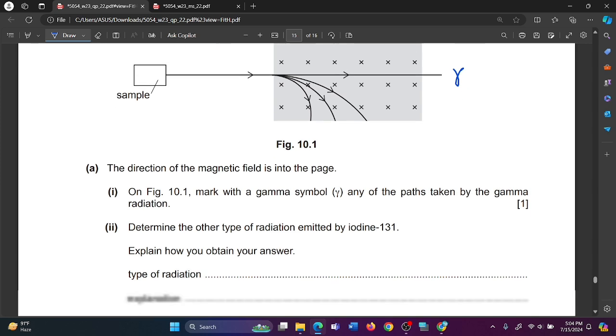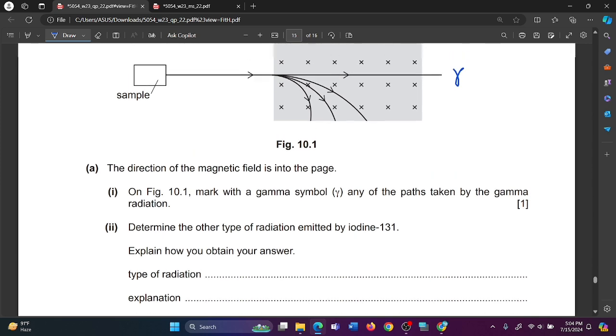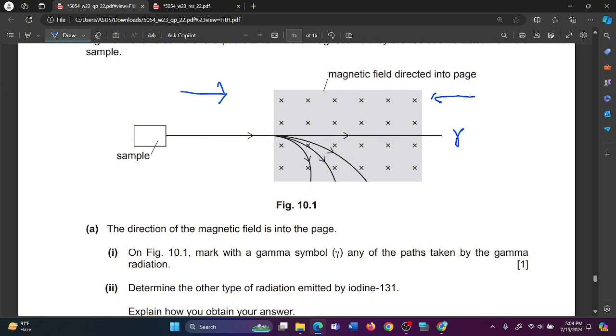Now let's move on to part 2 to determine the other type of radiation emitted by the iodine. Using Fleming's left hand rule, we direct our pointer finger into the page. The pointer finger is the direction of the magnetic field.